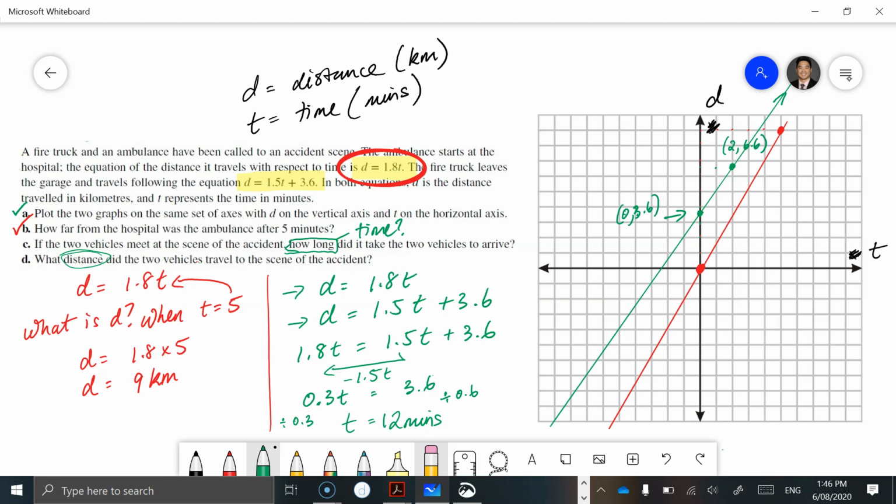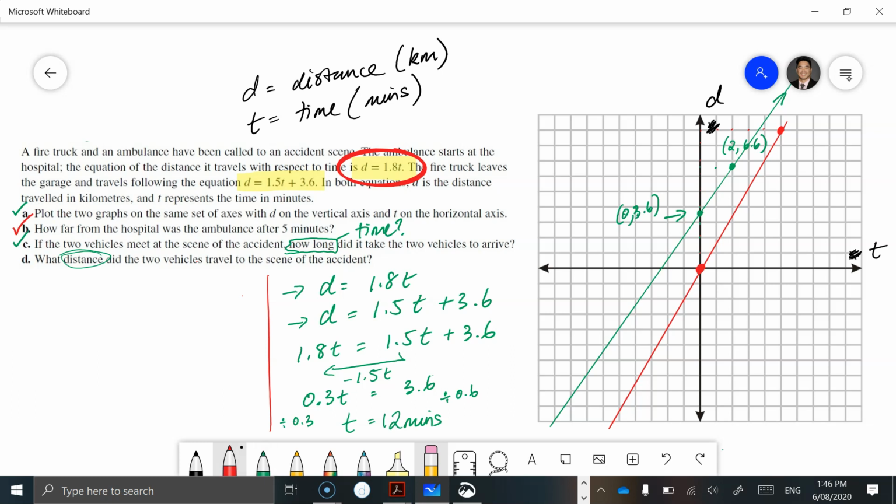Okay, now we've done C. The question is now, what distance did the two vehicles have to travel? Okay, so let's work that out. Let's work out the ambulance first.